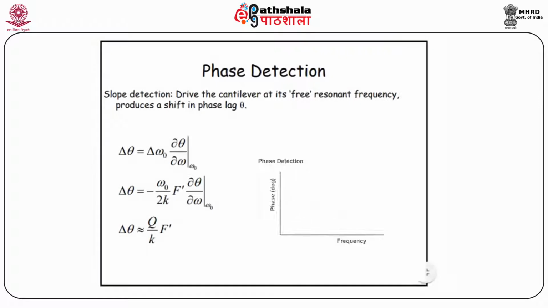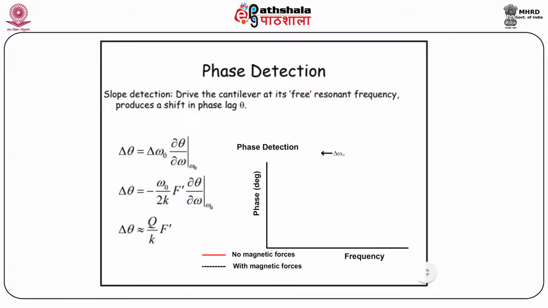The way we have done amplitude detection, here phase detection has been shown. Once again, a similar kind of diagram is there, which is the plot of phase versus frequency. And there are two lines, red for no magnetic forces, dotted line with magnetic force, and there are mathematical relations given which will indicate the phase detection.